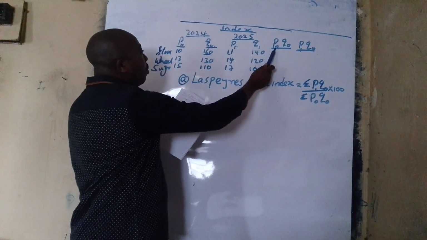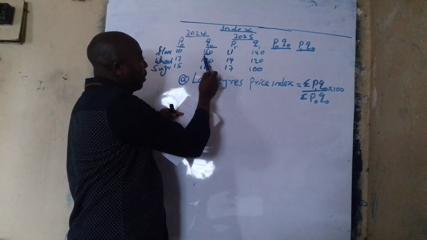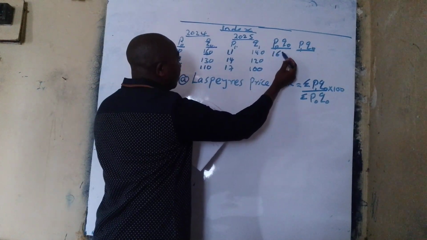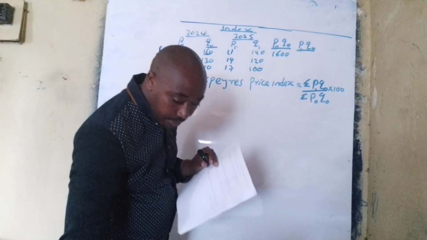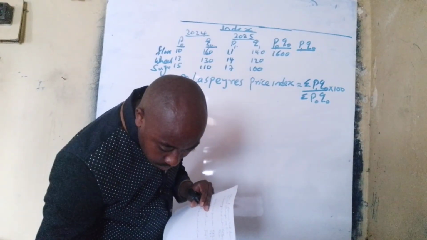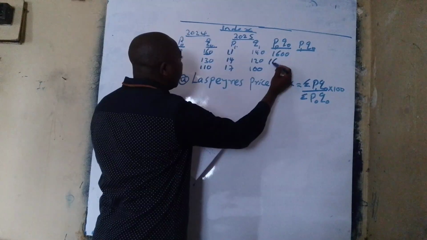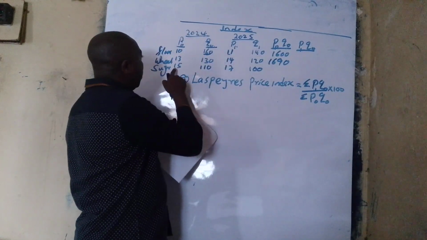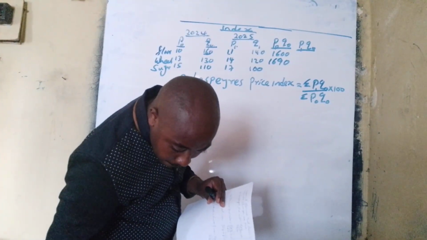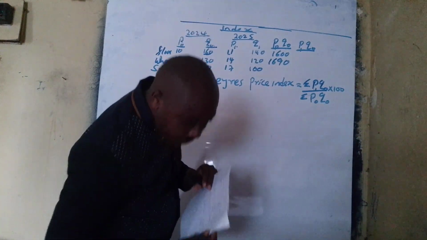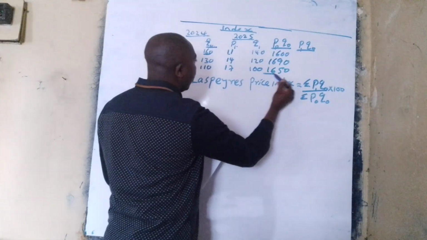P0Q0 means you take the price times quantity. So 10 times 160, that is 1600. 13 by 130, that is 1690. 15 by 110, that is 1650.